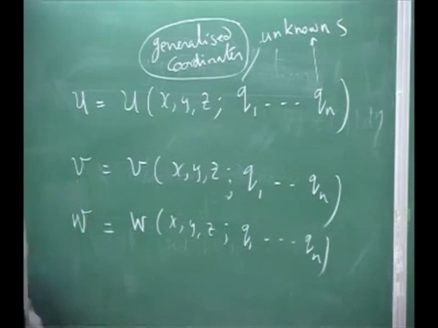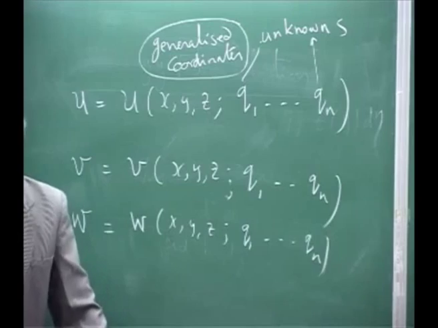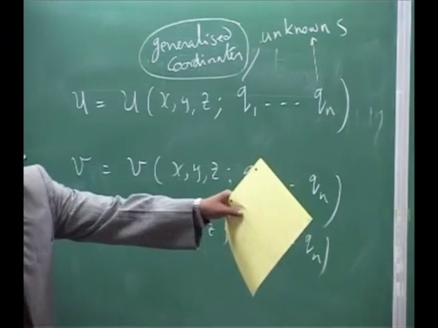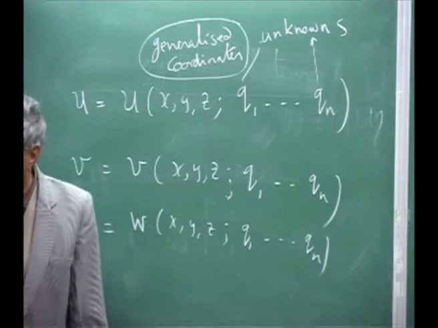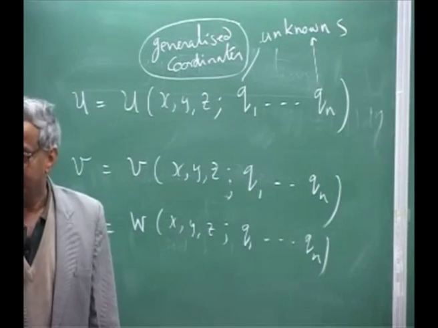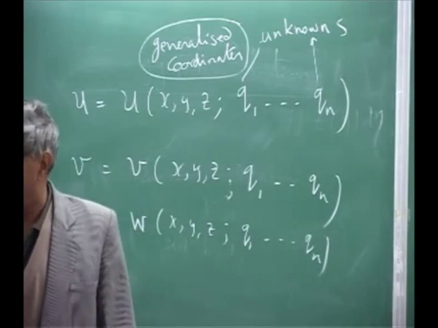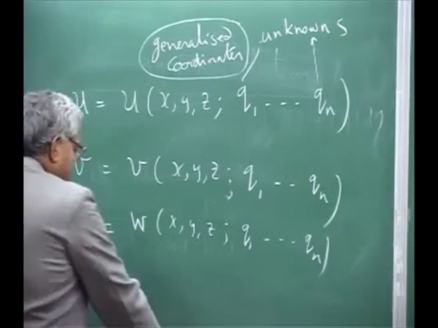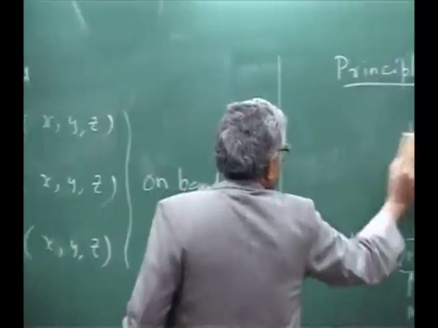The virtual work will be only by the surface forces. It cannot be by internal, because W external is external. If you have body force, it will do the work. But here we neglect the body force for the present. Okay, we will take the external load. This is on the boundary. Here is this point.